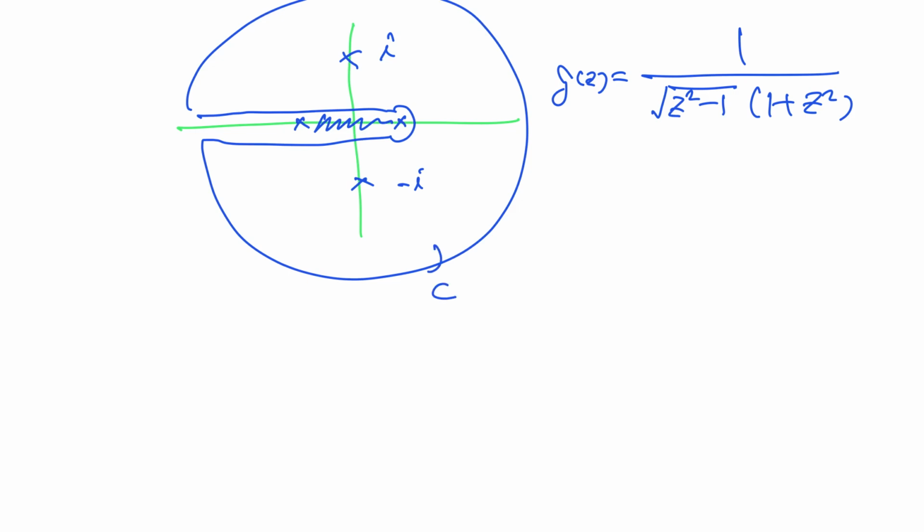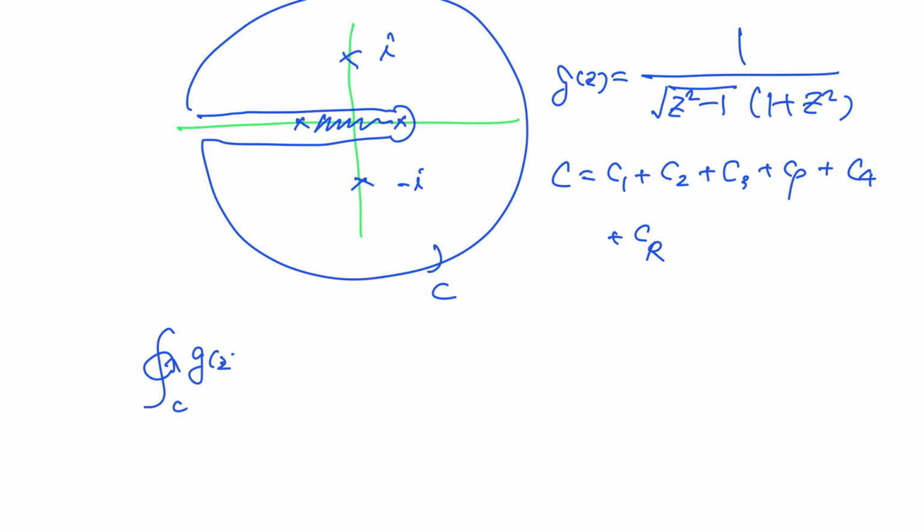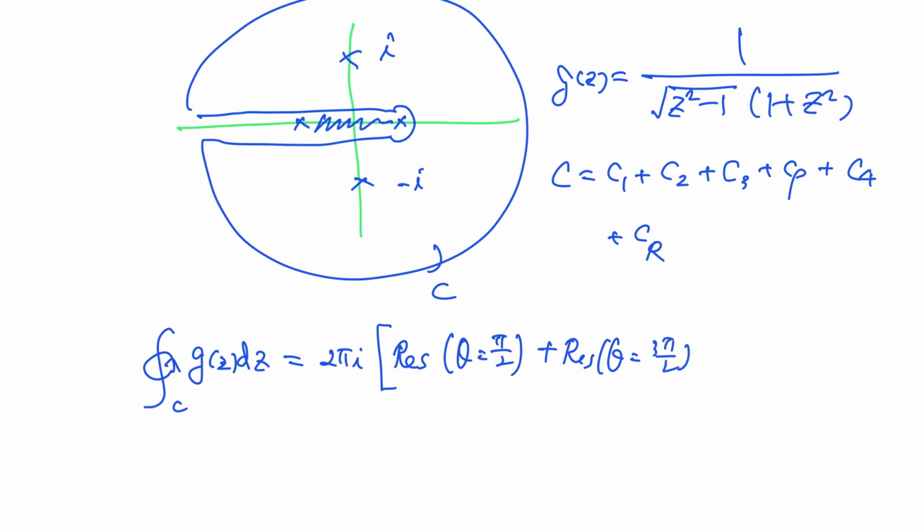So say C is C1 plus C2 plus C3 plus C0 plus C4 plus CR. So this integral of g(z) dz is actually 2 pi i times the residue at theta equal to pi over 2 plus the residue at theta equals 3 pi over 2, right? It is equal to 2 over i, right?